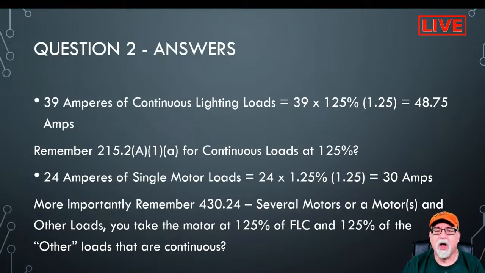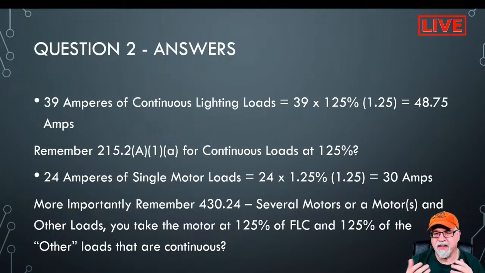Now remember, also in feeders, you have 215.2(A)(1)(a) that says you take all continuous loads at 125%. Of course, it also says take all non-continuous loads at 100%. So you would add the two.